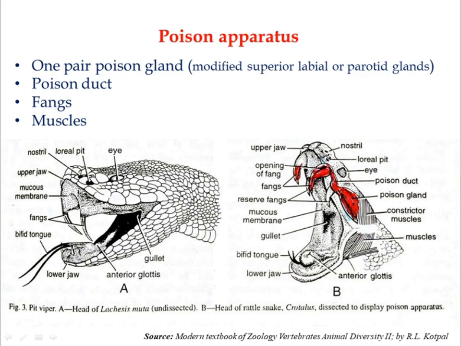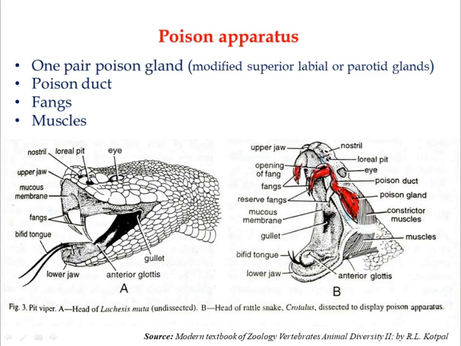On the basis of structure and position of fangs, in venomous snakes, they are of three types. First is solenoglyphous. Soleno means pipe and glyph means hollow.